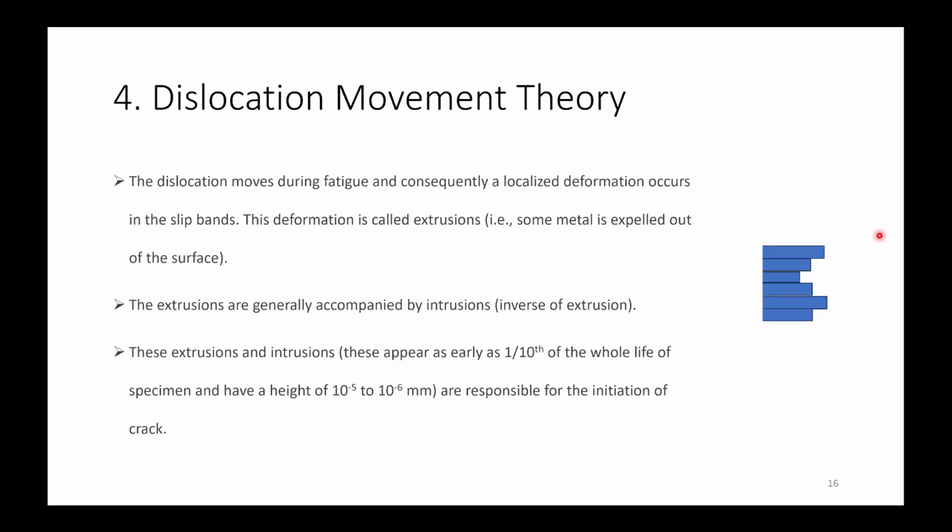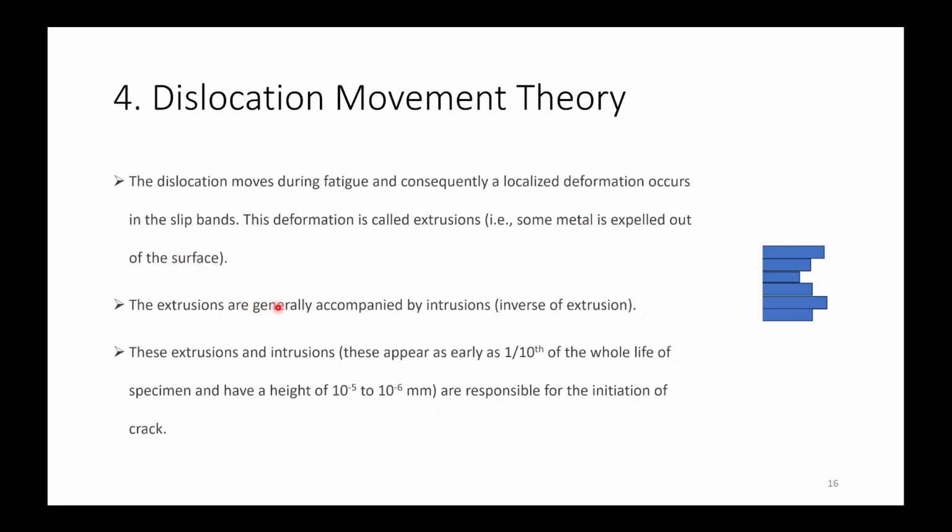Fourth is the dislocation movement theory. In this case, the dislocations move during fatigue and consequently a localized deformation occurs in the slip bands, and the deformation is called extrusions, where some metal is expelled out of the surface.